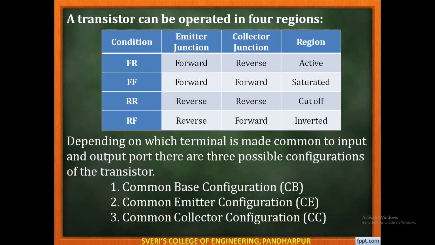If both the junctions are connected in forward bias, the transistor is operated in the saturation region. If both the junctions are connected in reverse bias, the transistor is operated in the cutoff region. And if exactly reverse of the first condition, if the emitter junction is reverse biased and the collector junction is forward biased, the transistor is operated in the inverted region.